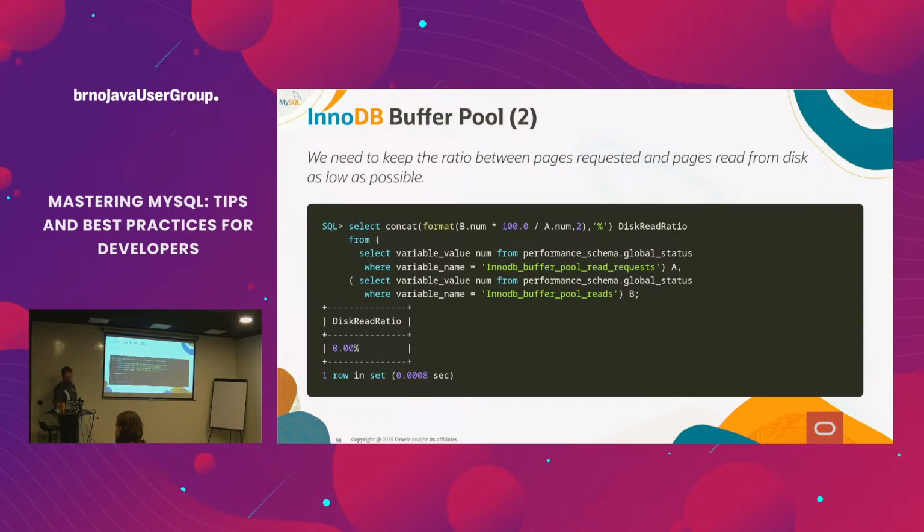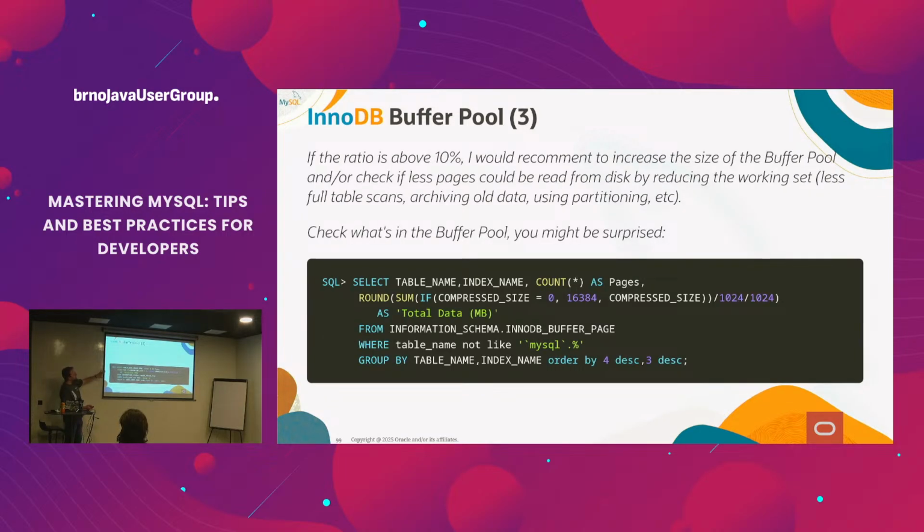In my point of view, if your ratio is above 10%, it's already a big problem. Of course, as soon as you start MySQL, the ratio will be high because there is nothing in memory yet.